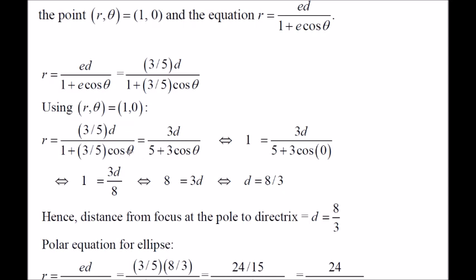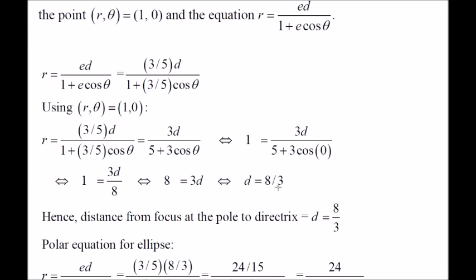Then we get cosine of 0, because theta is 0, and cosine of 0 is 1. So here we have 5 plus 3 times 1, which is 8. And so we end up with 1 equals 3d over 8. To solve this equation, multiply both sides by 8, and we get 8 equal to 3d. Then divide both sides by 3, and we get d is 8/3.